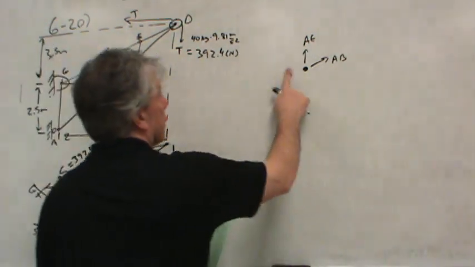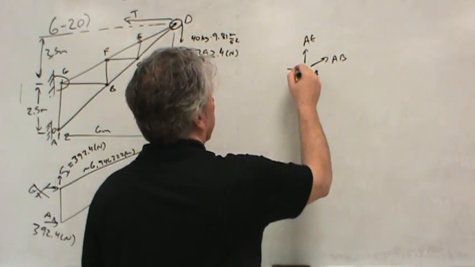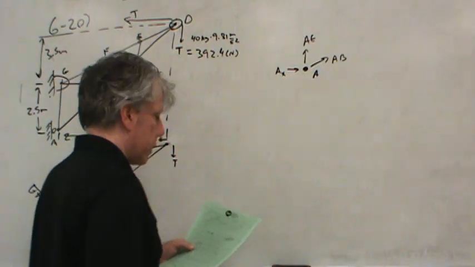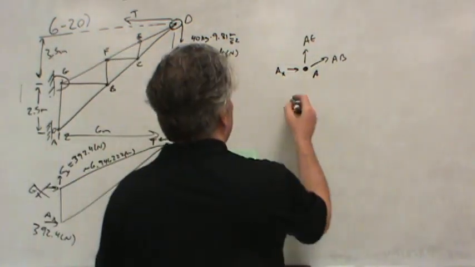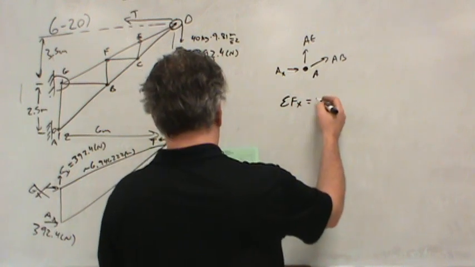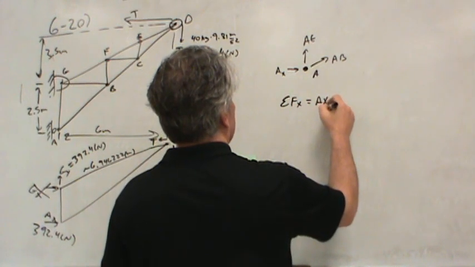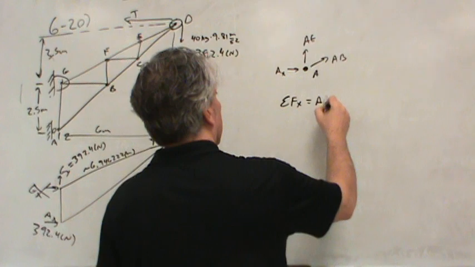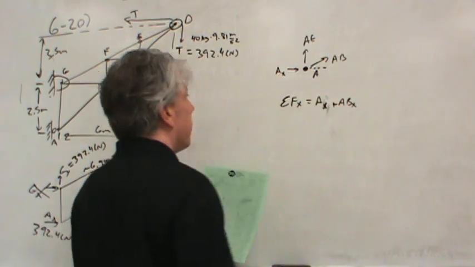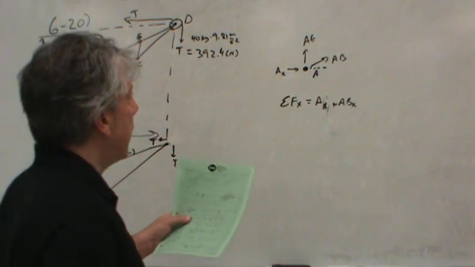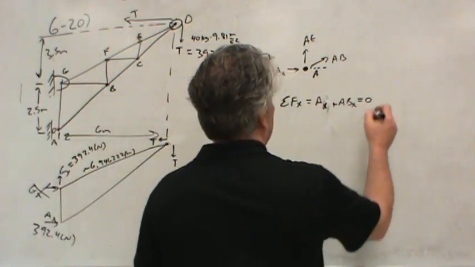And of course, there is the reaction at the wall, AX. If we sum forces in the horizontal direction, we have AX plus ABX, the horizontal component of AB. And that's it. That should sum to 0.